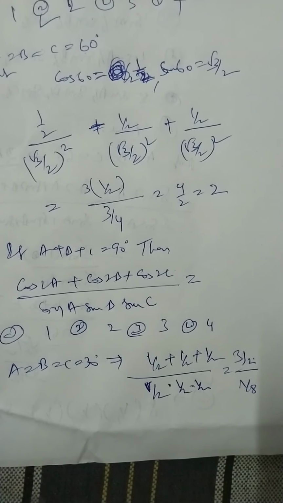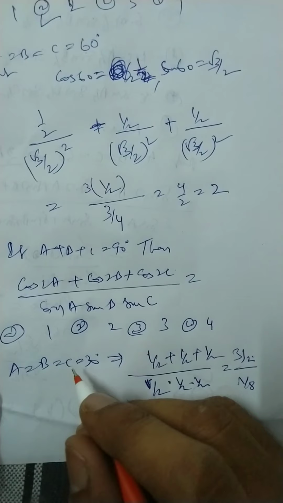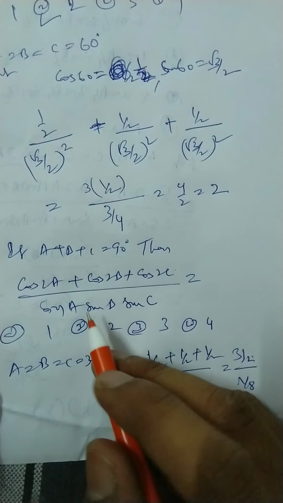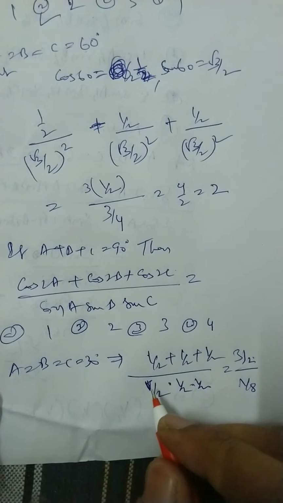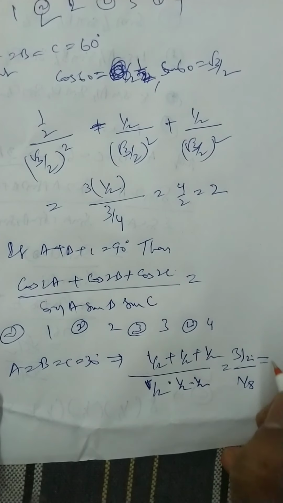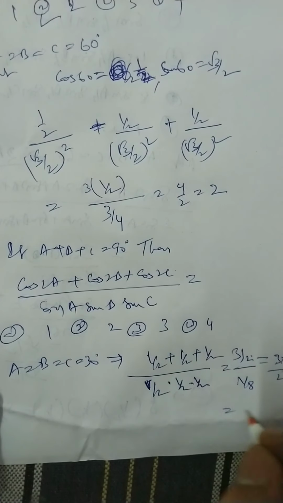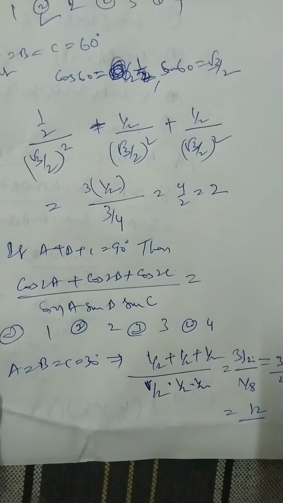Sorry, I made a mistake in explaining hurriedly. So the value of cos 60, but here sin 30, that is correct. So you get here 3 into 8 by 2, the answer is 12.